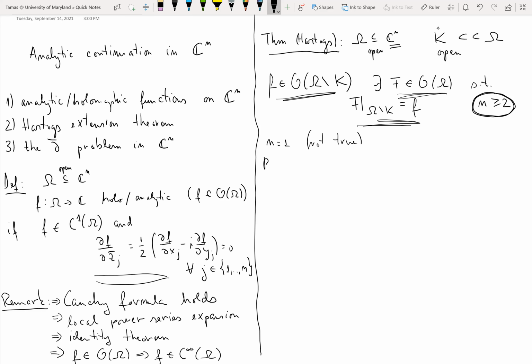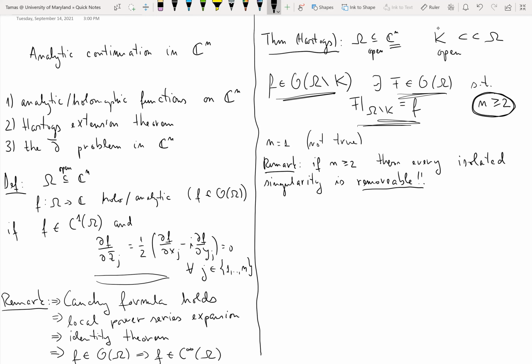So maybe that should be a remark here. If n is greater or equal to 2, then every singularity is removable. So somehow this Riemann extension theorem does not have a really good analog in higher dimensions.